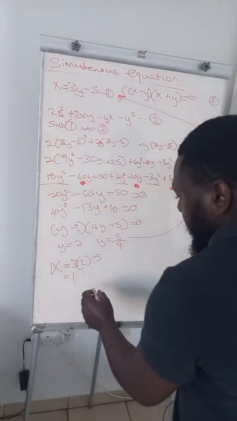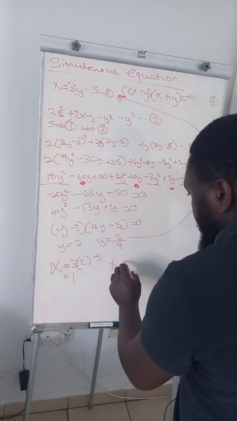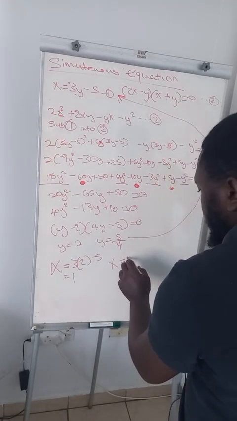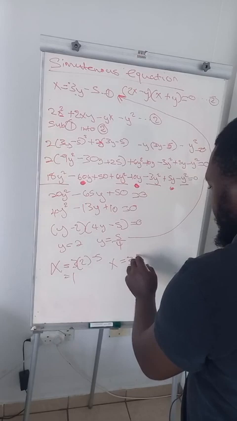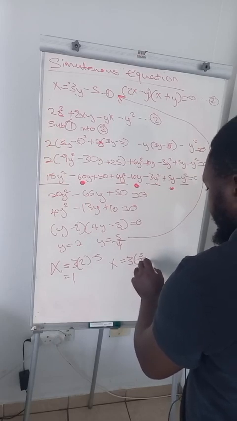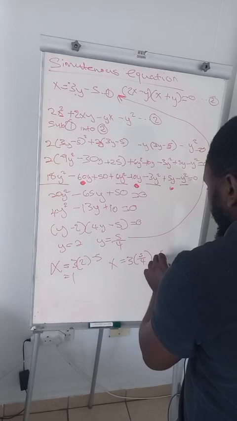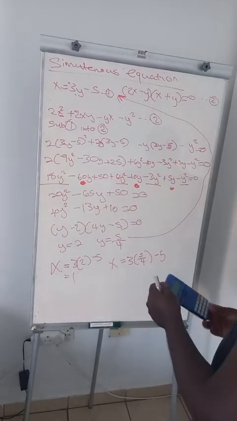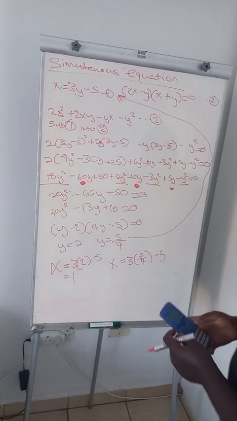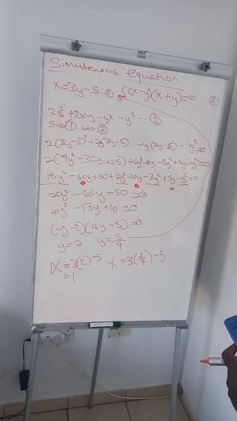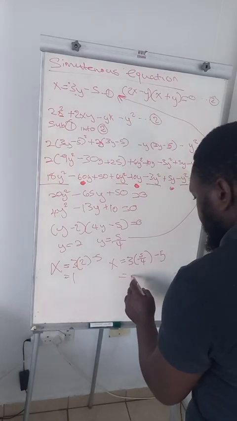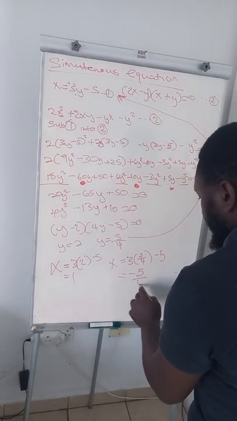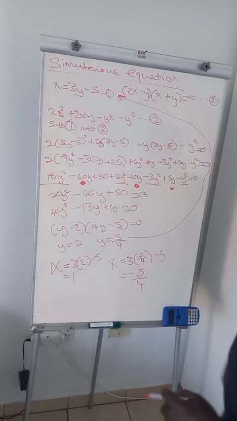And then x is equal to 3 into 5 over 4, and then minus 5. So it means here you'll get negative 5 over 4 as your final answer.